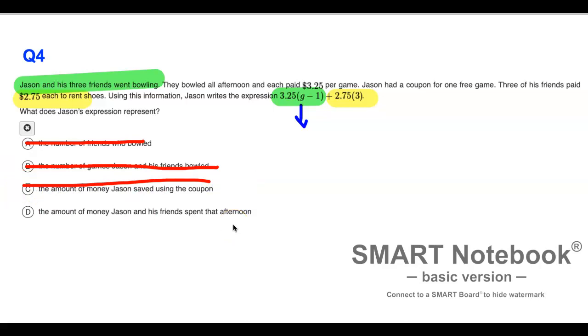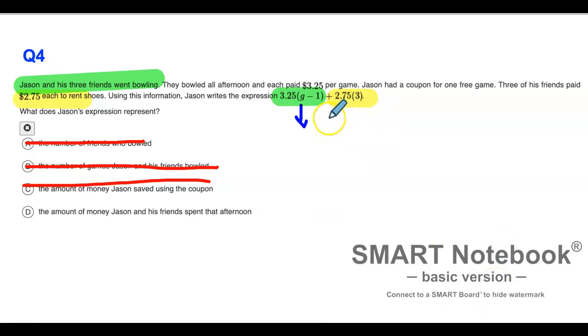Because just like what we went over before, the green, the 3.25 times parentheses G minus 1, that's saying, hey, you want to take the total number of games they bowled and subtract 1 from it because 1 was free. And then if you take that number and multiply it by 3.25, that's going to give you the total amount of money they spent on games of bowling because each game is $3.25.